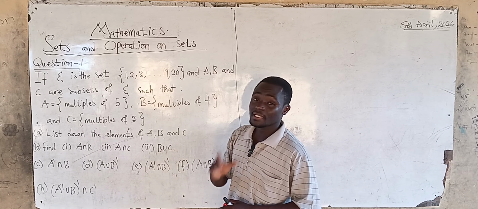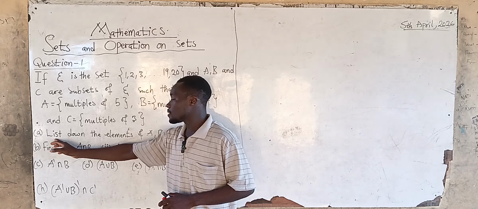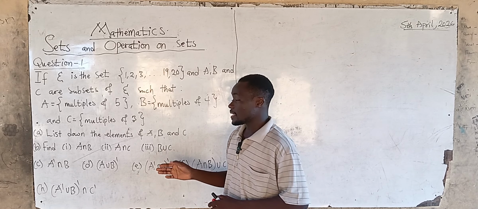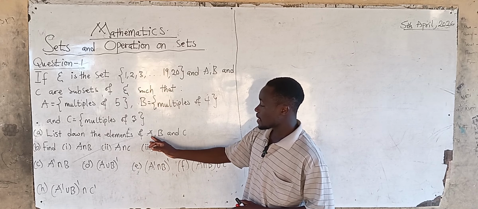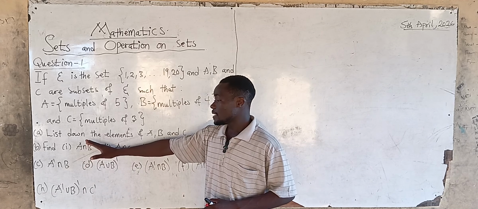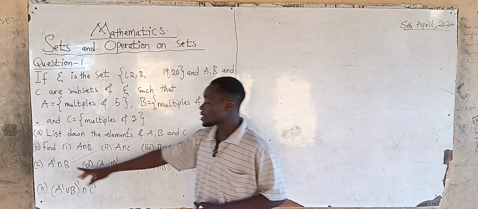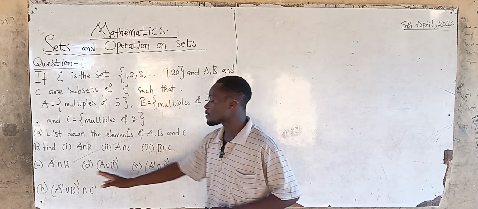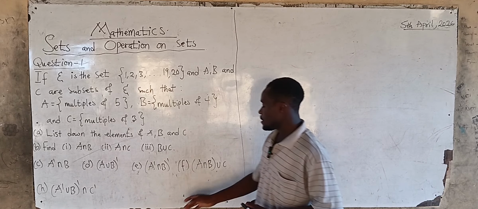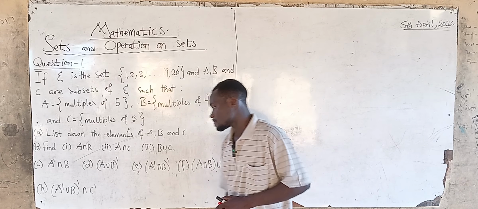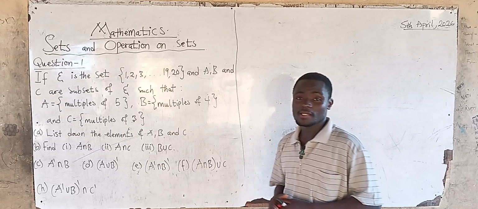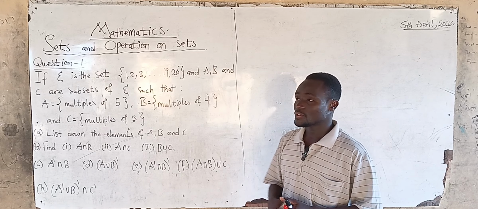The question says that we have to list down the elements of A, B, and C. Then after listing them, we will use them to solve the subsequent questions, which include B, C, D, E, F, and H. Are you with me?